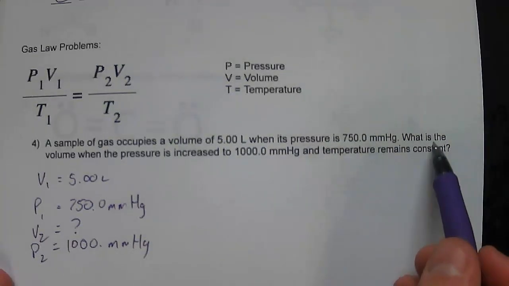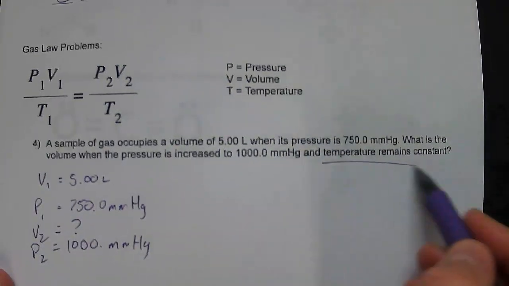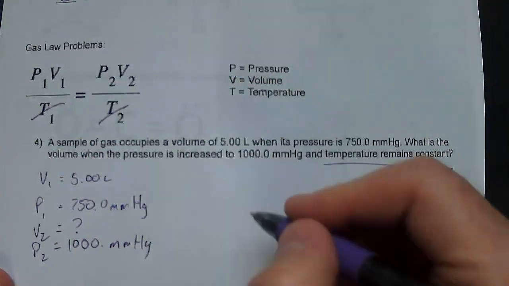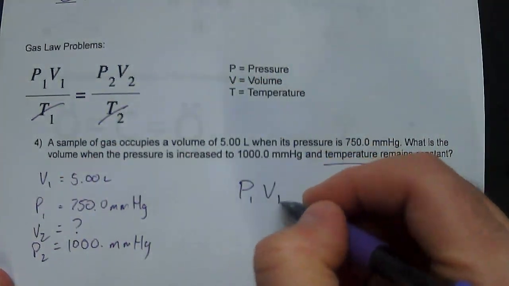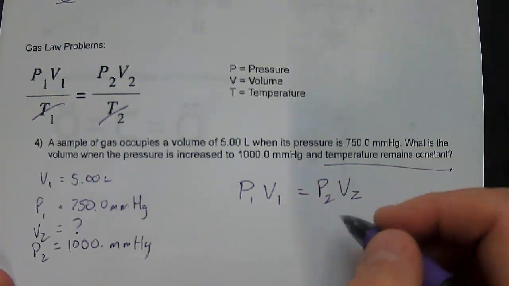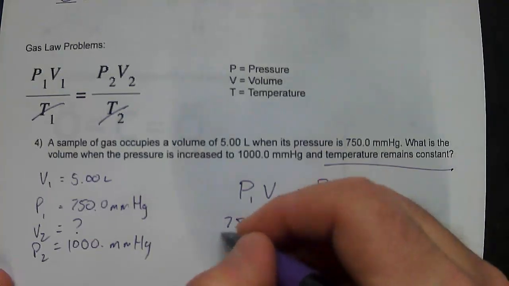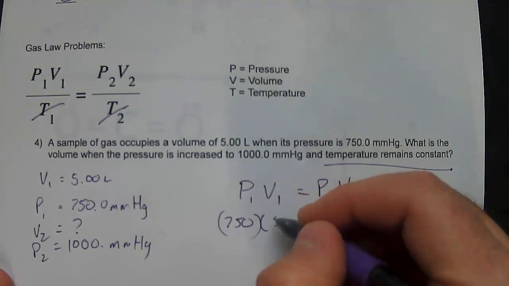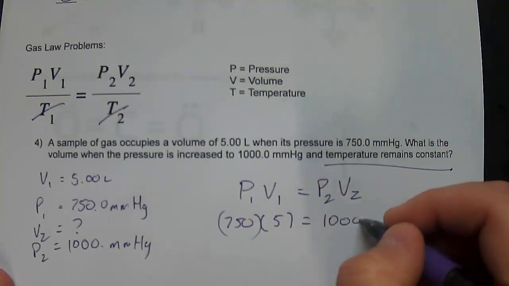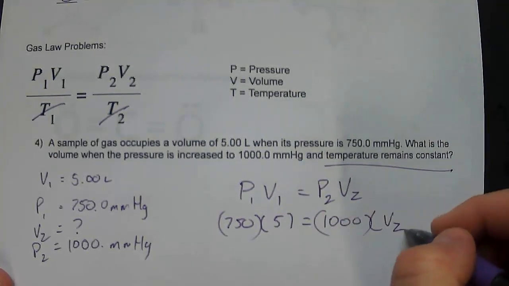Notice here it says the temperature remains constant. So when the temperature remains constant, we don't worry about that. So we end up with P1 V1 equals P2 V2. And so that's 750 times 5 equals 1,000 times V2.